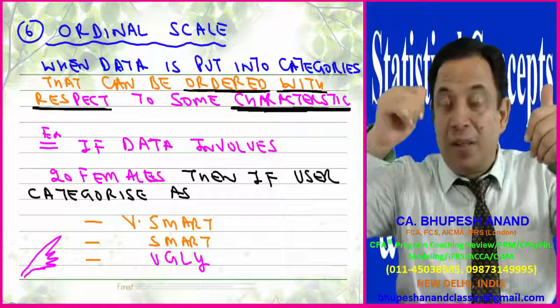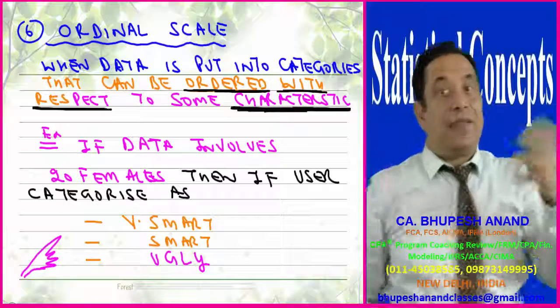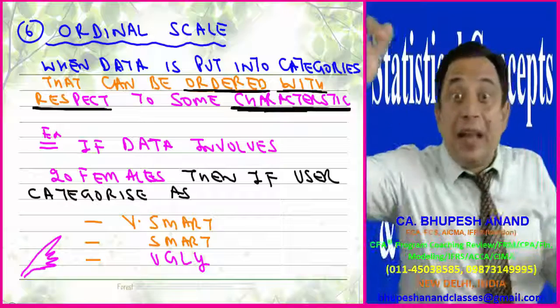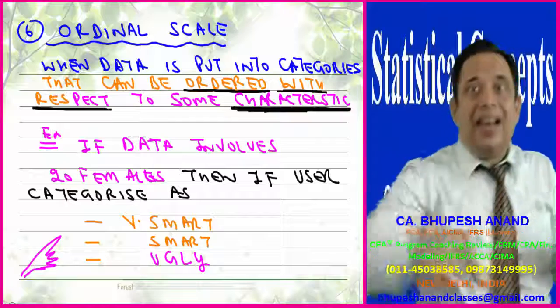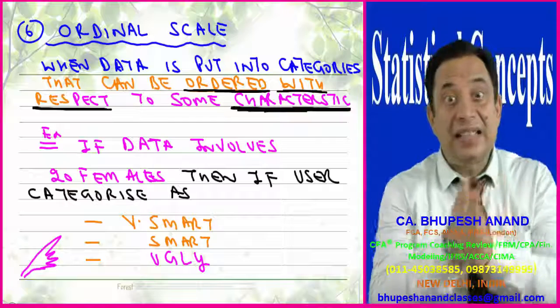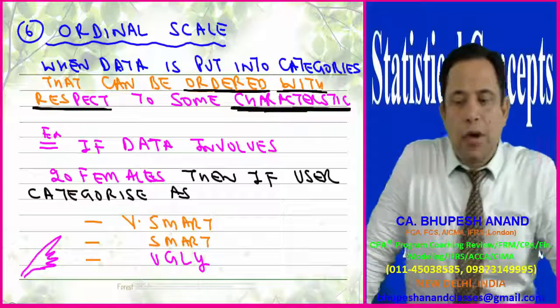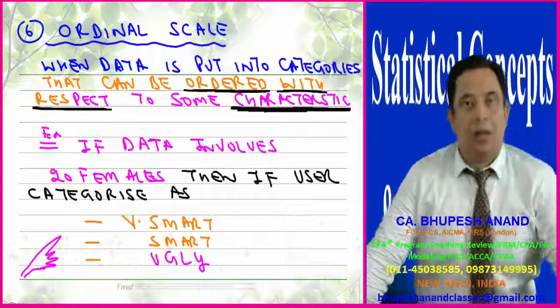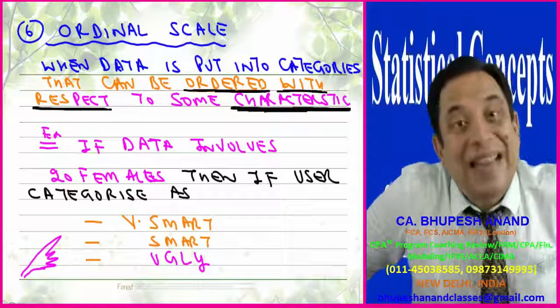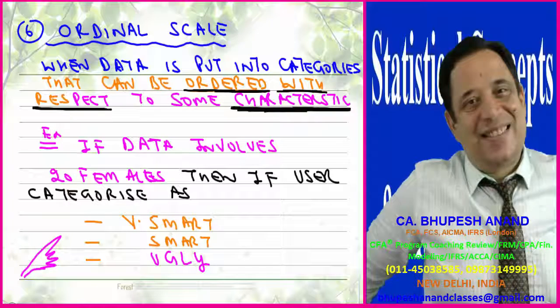So I have told you the meaning of nominal scale, that we are not giving order. But in case of ordinal scale, we are categorizing in such a form that we can give an order also. So when data is put into categories that can be ordered with respect to some characteristics.